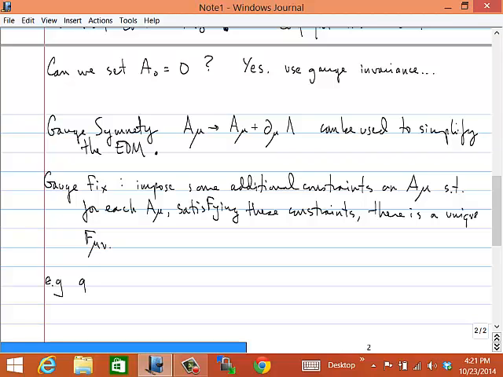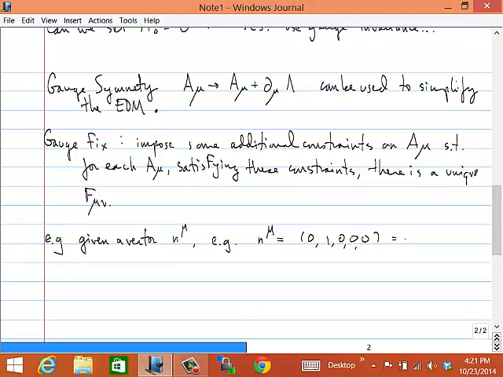So let's imagine that we have some vector n mu. For example, this vector could be 0, 1, 0, 0, 0. Okay, it could point in the x direction. So this would be the vector x hat, if you know what I mean.